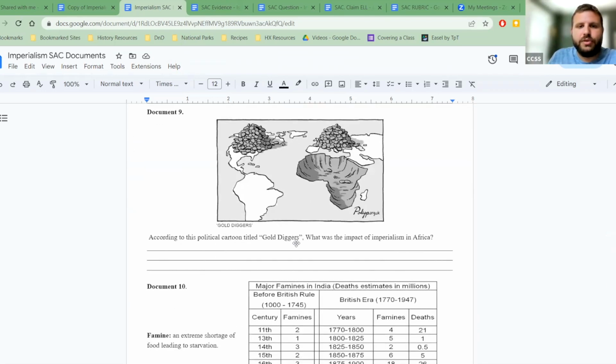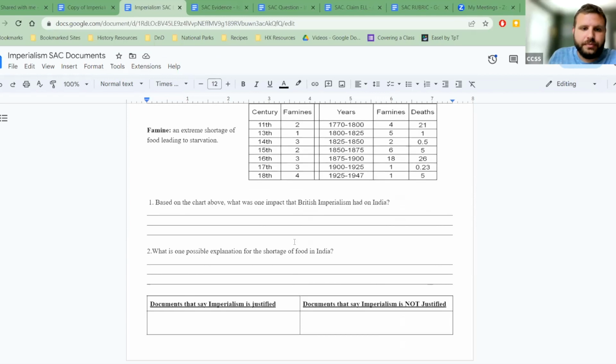So students are going to be using these as their main source of evidence, where they can then say, all right, they don't know what side they're going to be given, and so they use this as the organizer to start thinking, all right, which ones do I think lend themselves to imperialism can be justified?